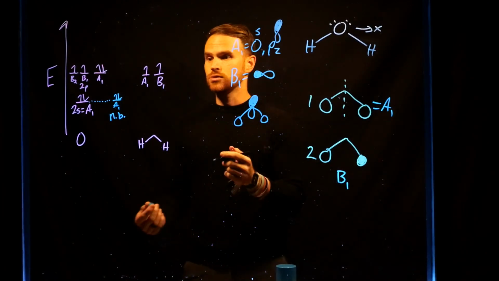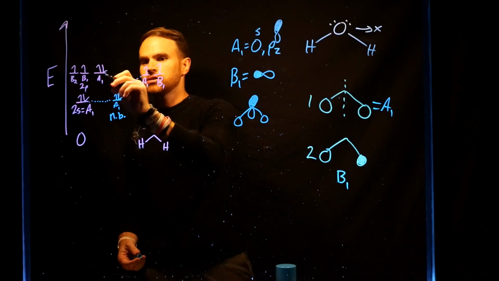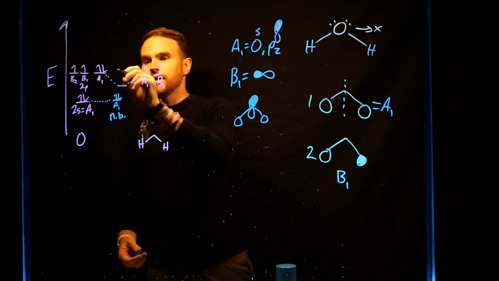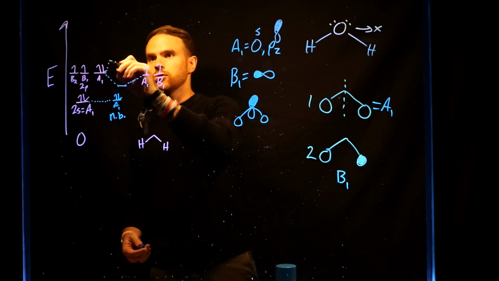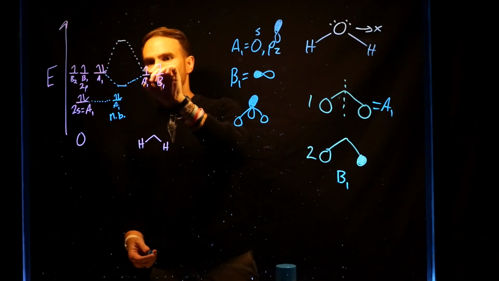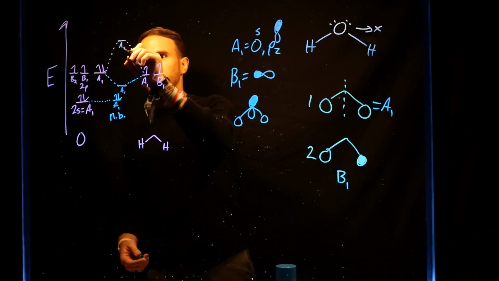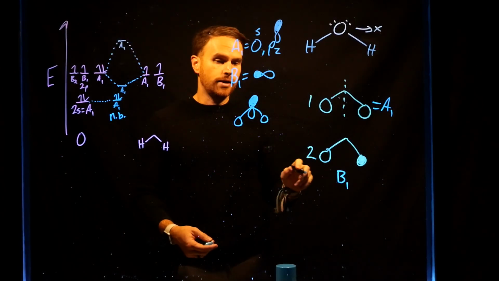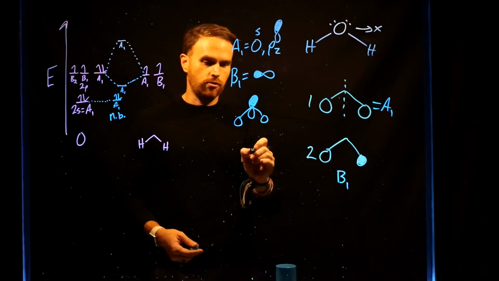And in fact, that is what is happening. So we would take the A1 and create our first sigma bond. And don't forget, anytime you create a bonding molecular orbital, you need to also make the corresponding anti-bonding molecular orbital. And both of these are going to be A1s.